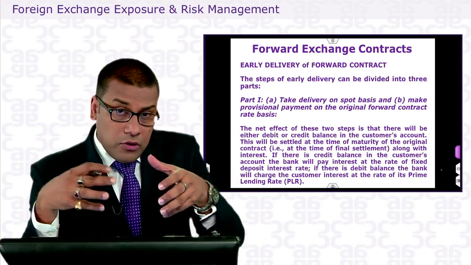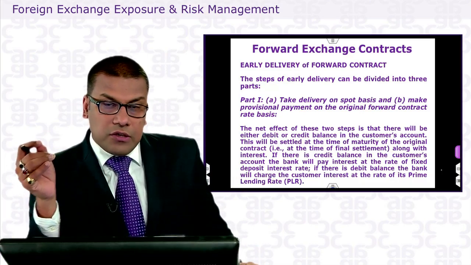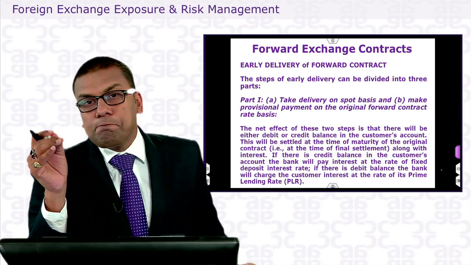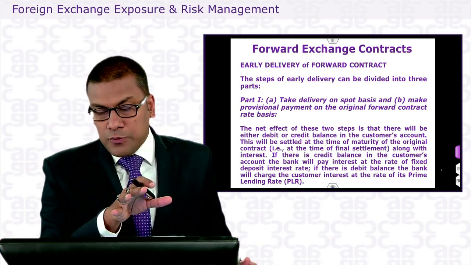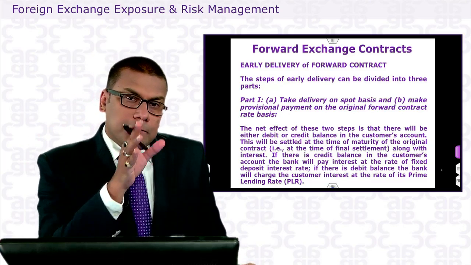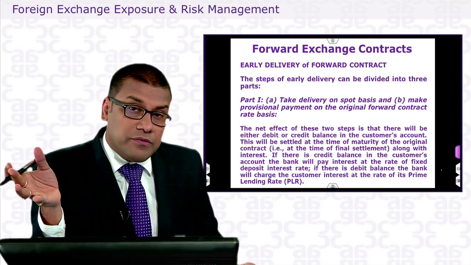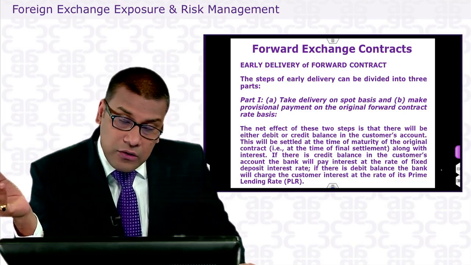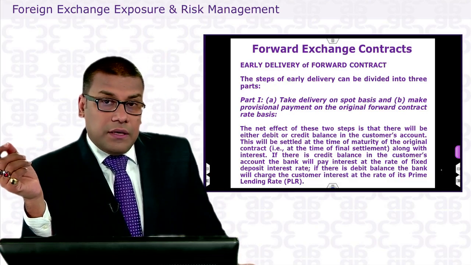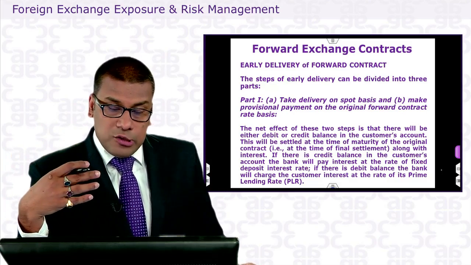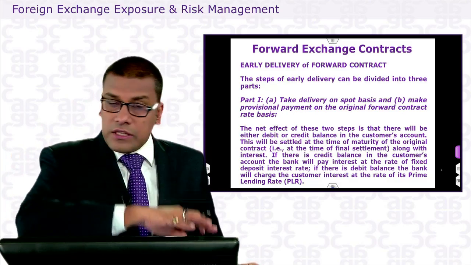Now in all such situations, the counterparty bank has the only concern that, to hedge its risk, to manage its exposure, the bank would have entered into a reverse contract with the market. So if with the customer the bank is taking an obligation of buying, say, on a 30th of a month, then to offload that exposure, the bank would have entered into a sell transaction with the market.